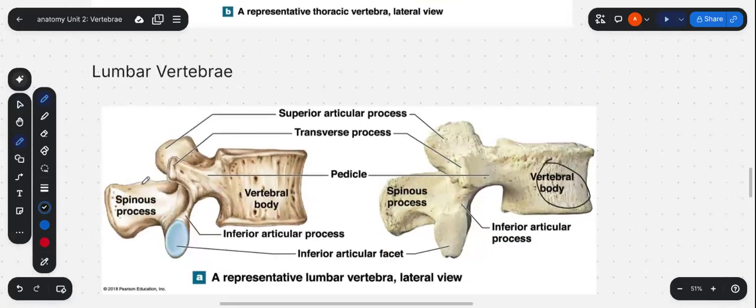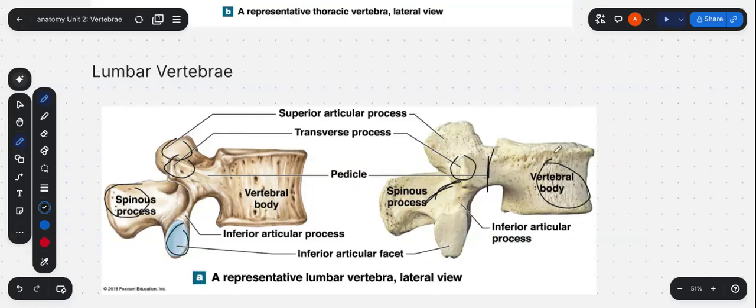Then you have your spinous process over here, your transverse processes over here, the pedicle, again, vertebral body to transverse processes, and then the lamina would be over here, spinous process to transverse processes. Again, you have your articular facets and processes as well over here.